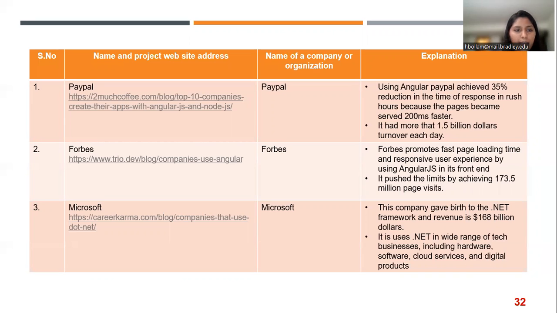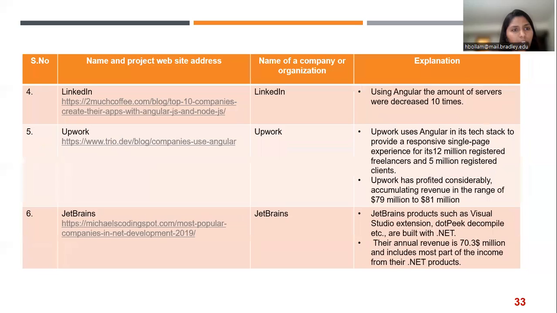And the next is Microsoft. Microsoft itself created the .NET framework, and with the help of it, it developed multiple applications, and it crossed $168 billion revenue. Next is LinkedIn.